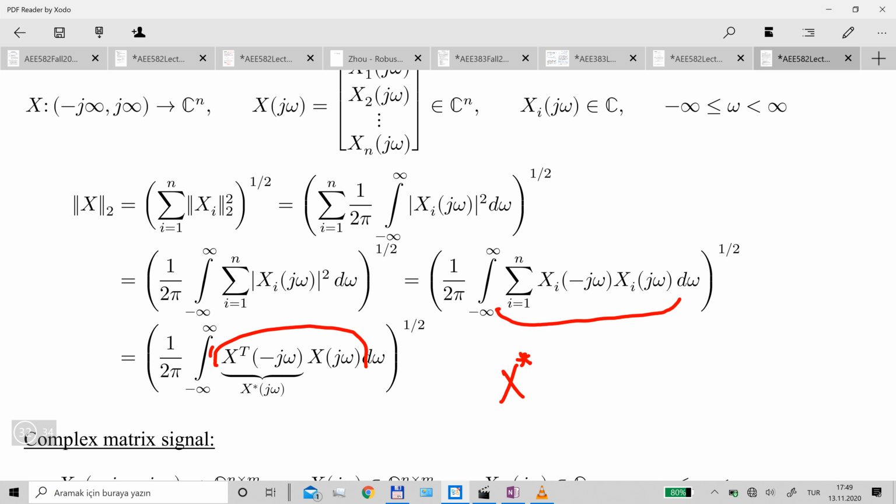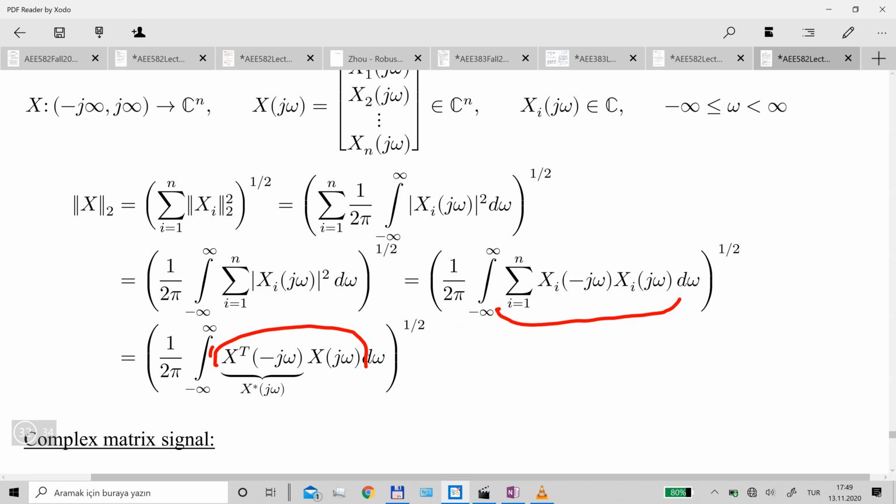Then you integrate it from minus infinity to plus infinity on the imaginary axis, multiply with 1 over 2 pi, and take the square root at the end, and this gives you the two norm of your vector signal.